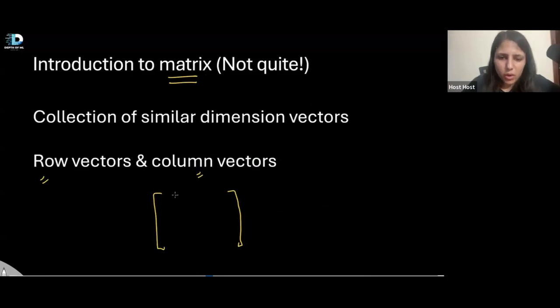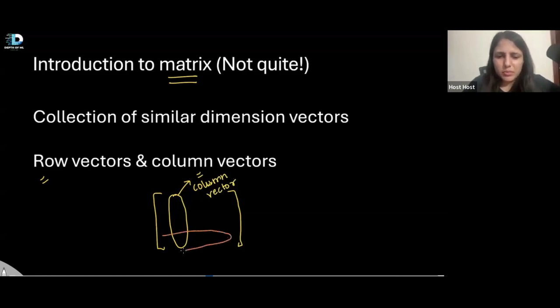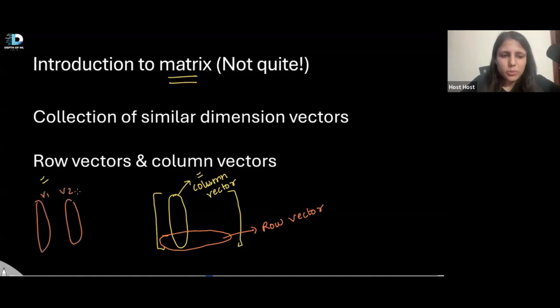When I say column vector, it means this. When I say row vector, it means that the values put in here are just lying down. Say you have V1, V2, and you club them together, and this is called a matrix.